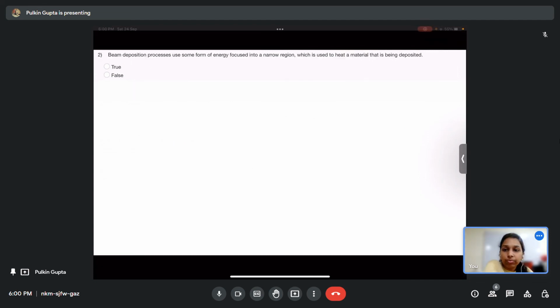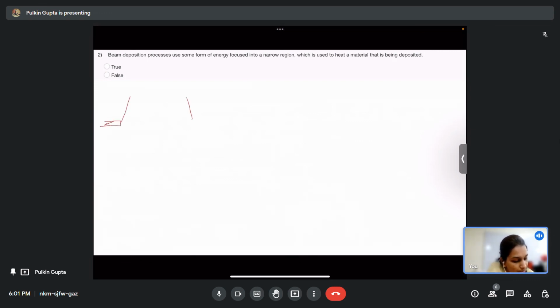Question 2. Beam deposition processes use some form of energy focused into a narrow region which is used to heat a material that is being deposited. True or false? So this is true. We have seen how a laser beam, so suppose this was your laser beam, focusing optics.